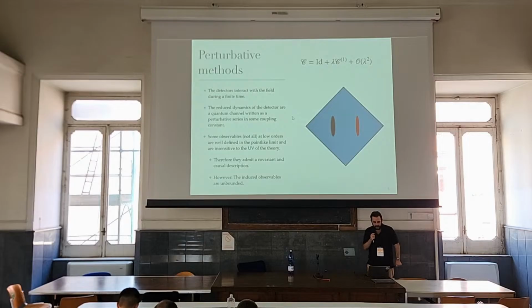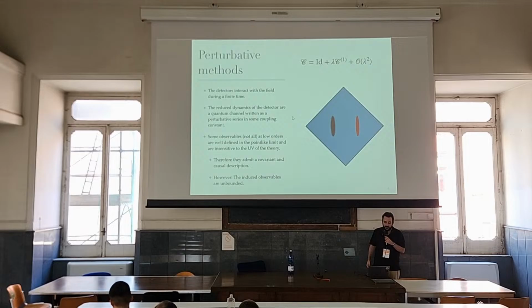So in this case, even if the interaction Hamiltonian doesn't fulfill all the requirements that we had before, there are some observables, like excitation probabilities and the like, that are well defined and causal at low orders in perturbation theory.